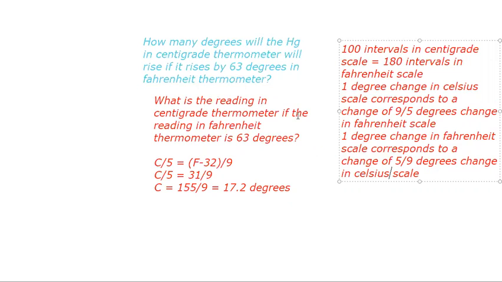What amount of change will be recorded in the Celsius scale? 5 by 9 of 63, and you will get 35 degrees. Okay. The answer will be 35 degrees.